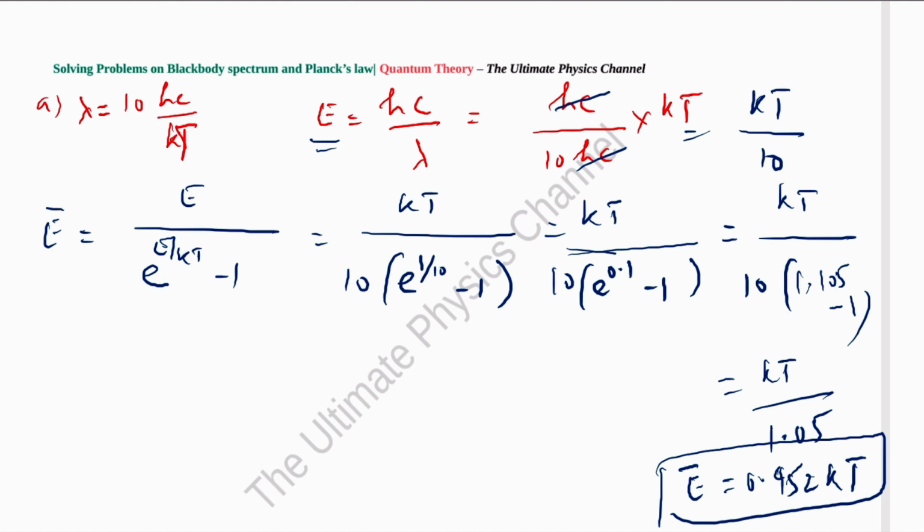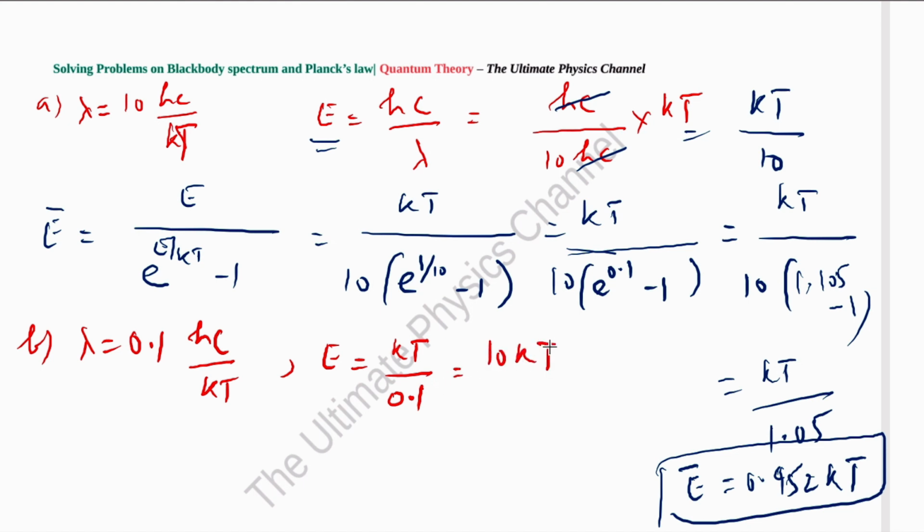Similarly, if we proceed to get it for the short wavelength, which is given as lambda equal to 0.1 hc over kT, then we can calculate the energy to be kT by 0.1, or 10 kT energy, right?